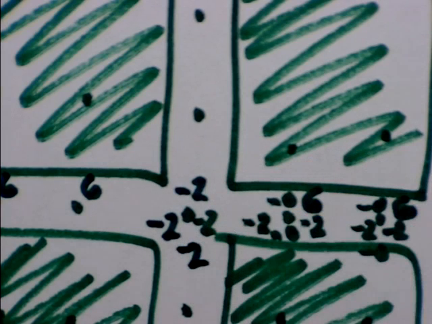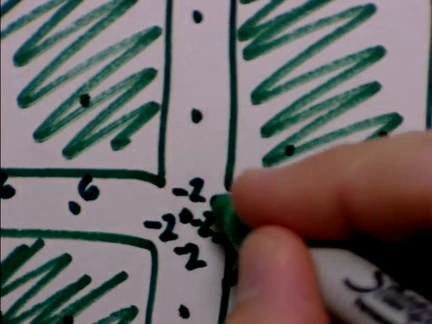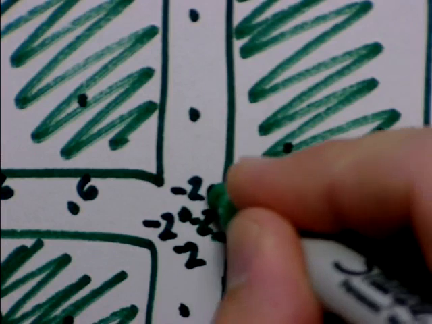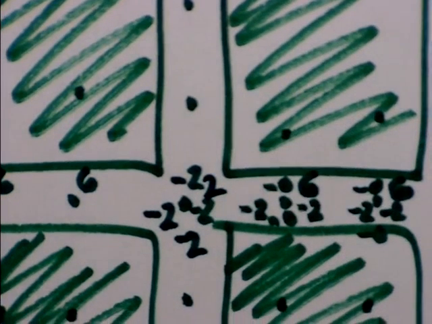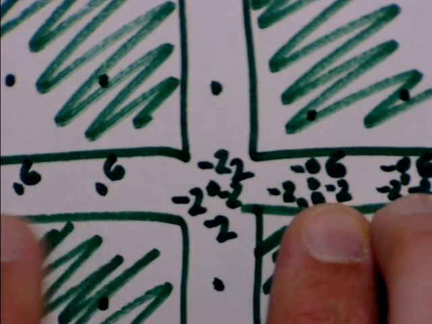That would make it 2, 4, 6, 8, which means that center cell is acting like it's only getting an intensity of 2. Does that make sense? Whereas these act like they're getting an intensity of 6.